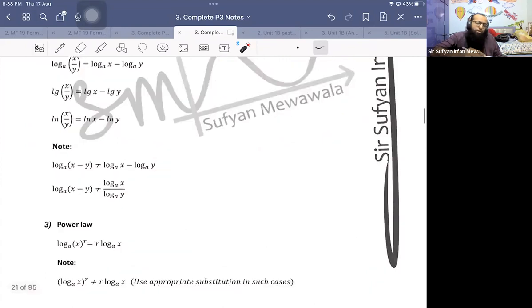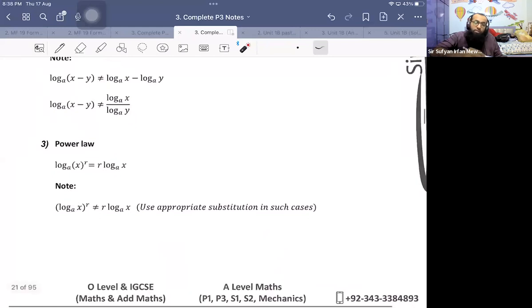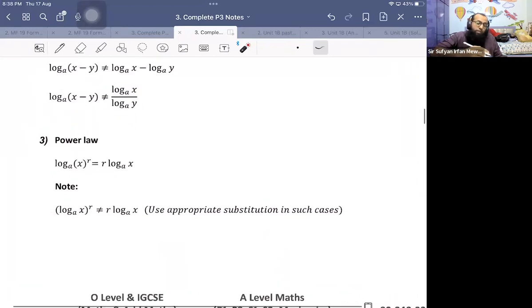And the third law is the power law that I've already implemented before, but here also I need to emphasize something. Log of x with a base of a, and this power r is on this x. A is the base and x is the answer. If the power r is on the answer x, I taught you, log of answer with a particular base, right?